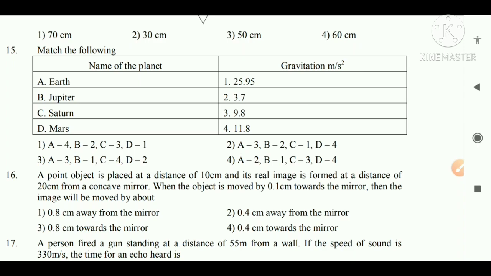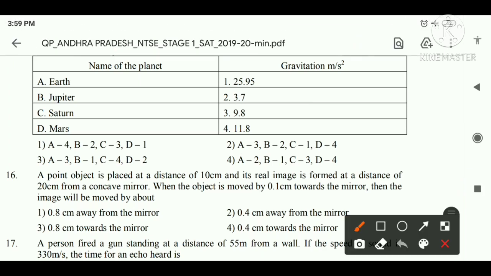So first one, A4 will be wrong, because Earth's gravitation is 9.8. So A3 is right here, which option 2 is also indicating.